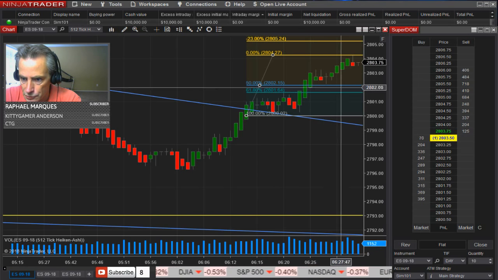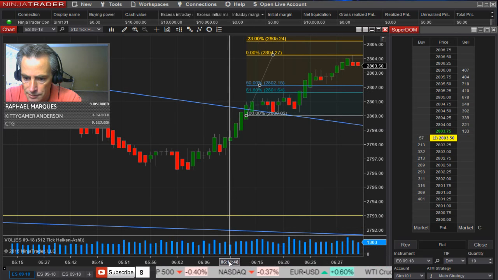So we'll be looking for it to retrace down to this area to get into a long trade.